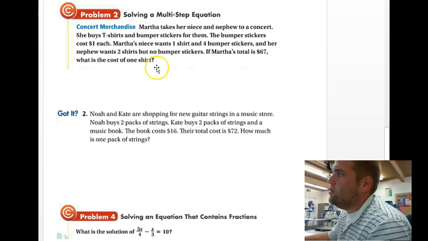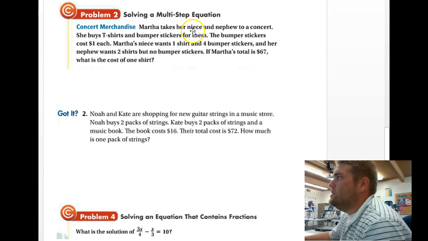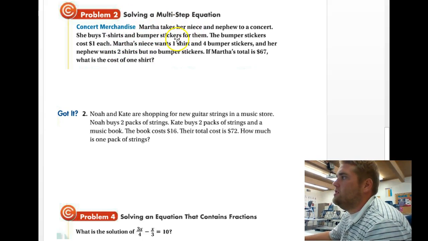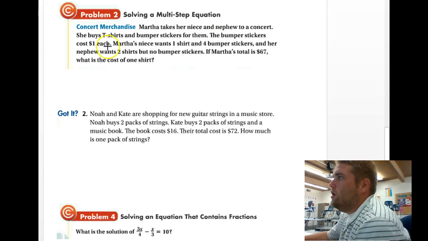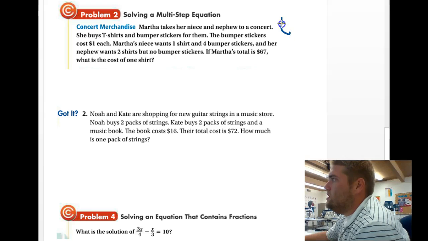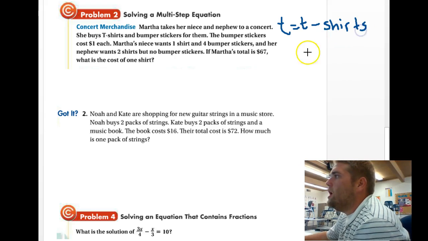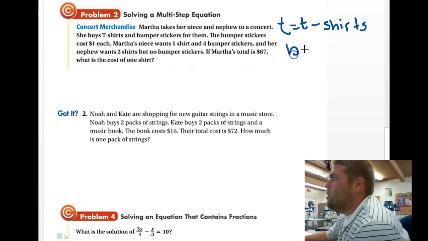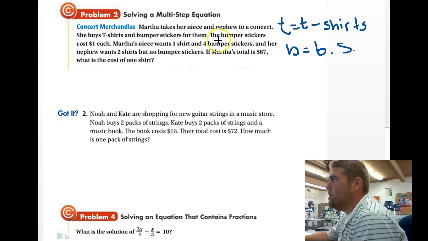Problem 2, concert merchandise. Martha takes her niece and nephew to a concert. She buys t-shirts and bumper stickers for them. So we've got variables. Let's call t-shirts T, and bumper stickers B. The bumper stickers cost $1 each.